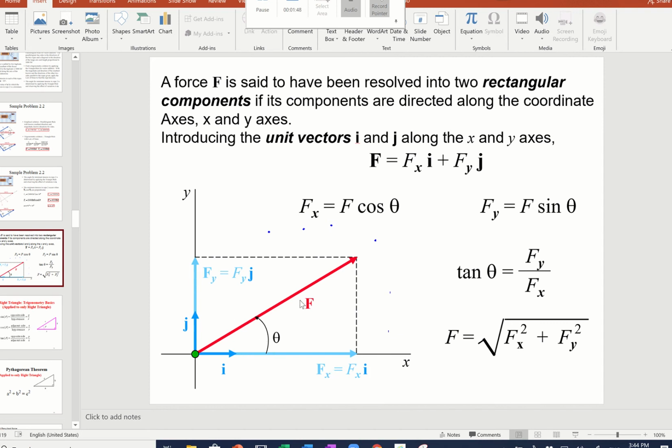If this angle is theta, we already know this angle will be theta as well, and opposite to this angle is Fy. For opposite, we use sine theta. So sine theta of this angle is Fy over the hypotenuse F. Knowing that, Fy will be F times sine theta.